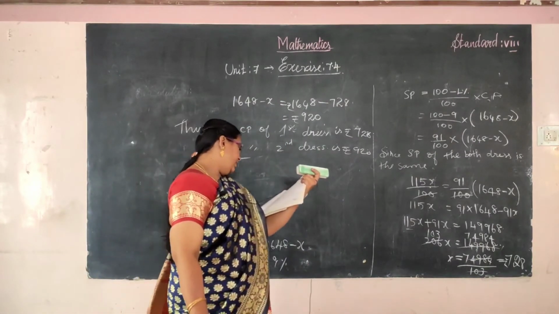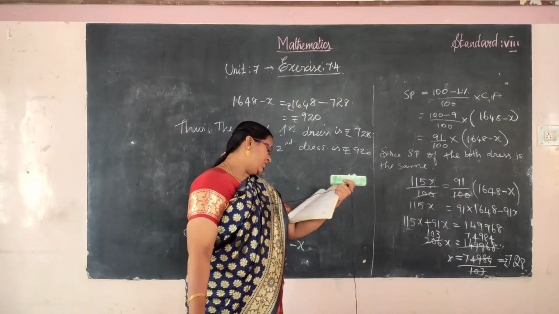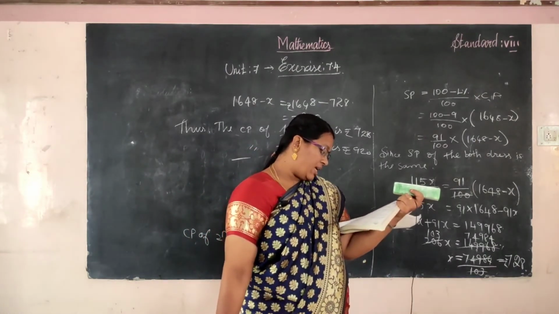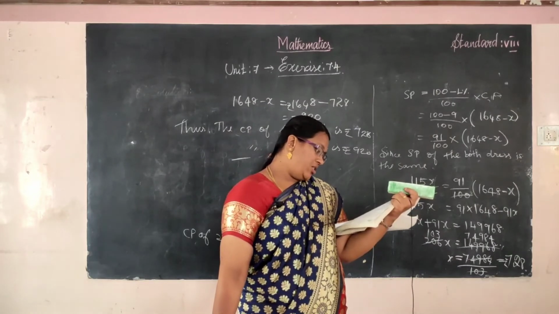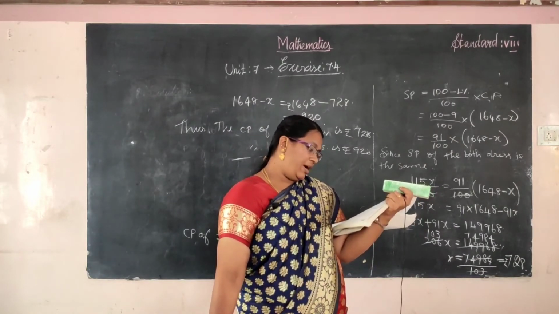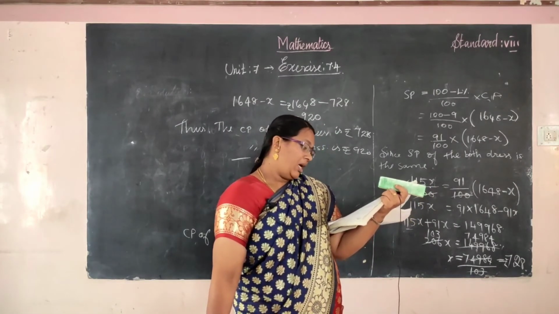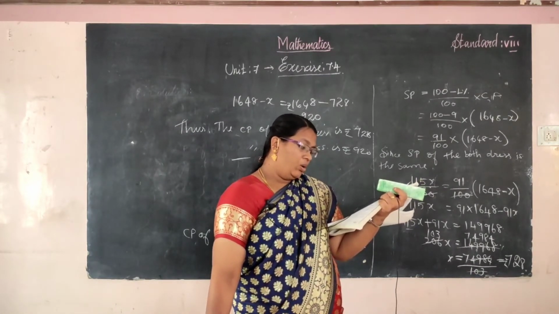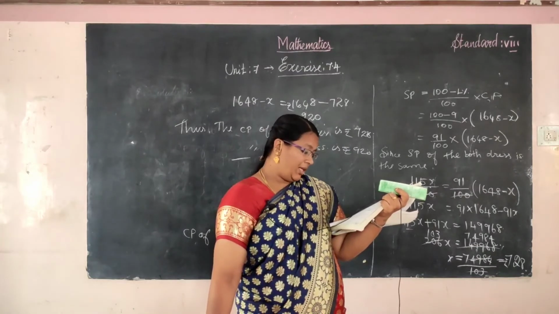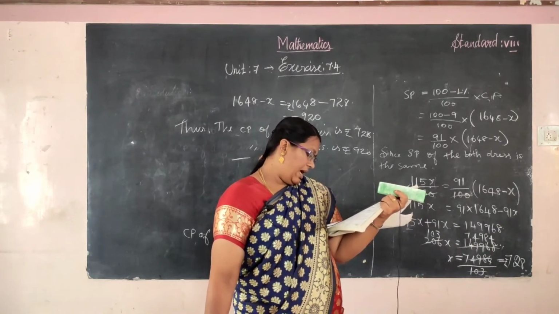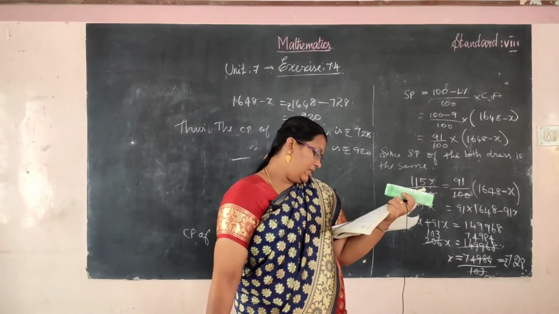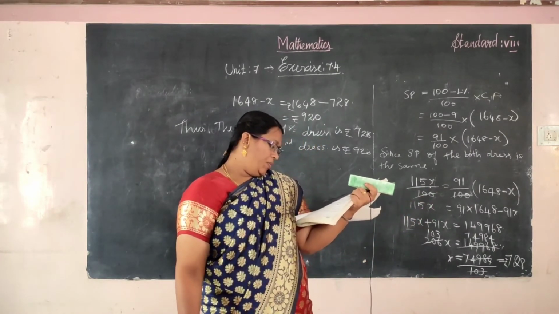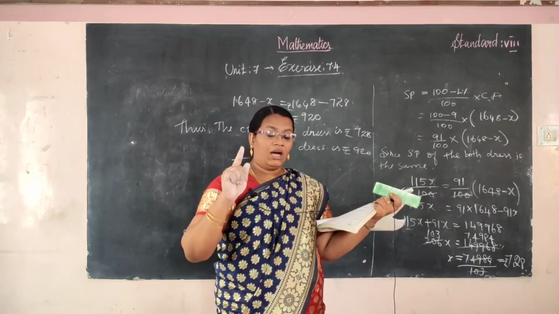Okay. Now ninth problem. Robin purchased an old car for rupees 1,14,600 and spent rupees 5,400 on its repair. He sold the car for rupees 1,50,000. Find his gain percentage in this transaction.